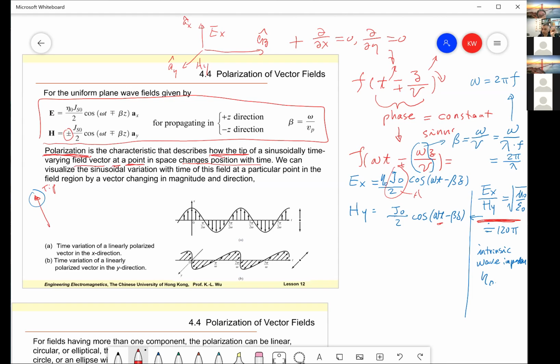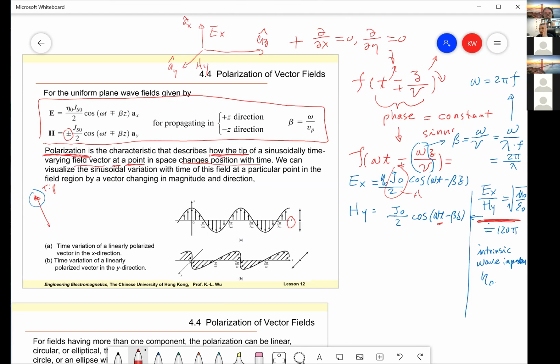For example, if I stand at one location in three-dimensional space, any location, and I observe the field, how it changes with time. Let's look at the time.